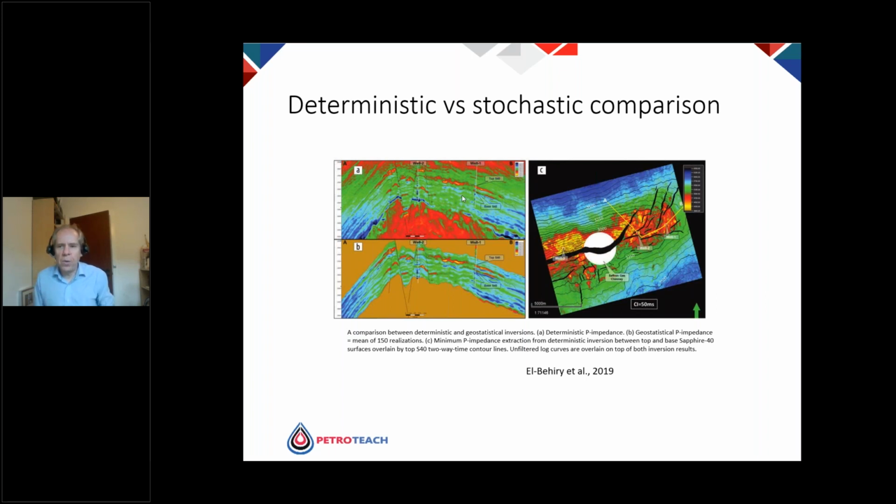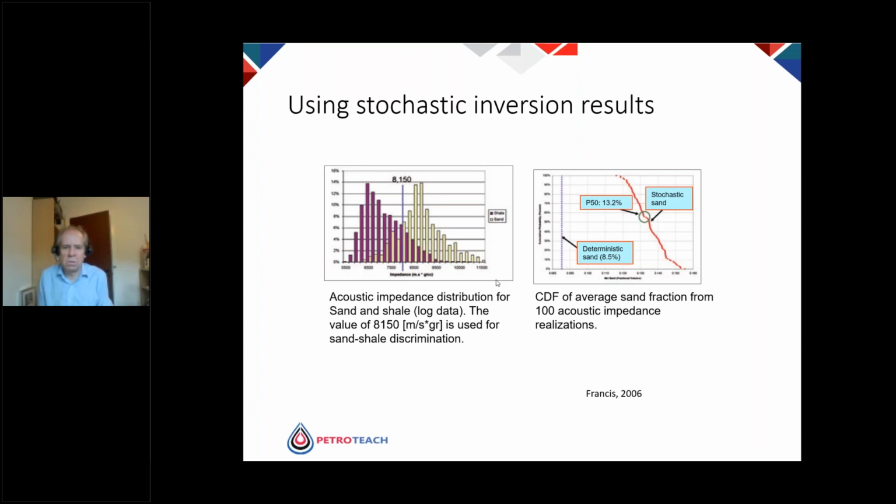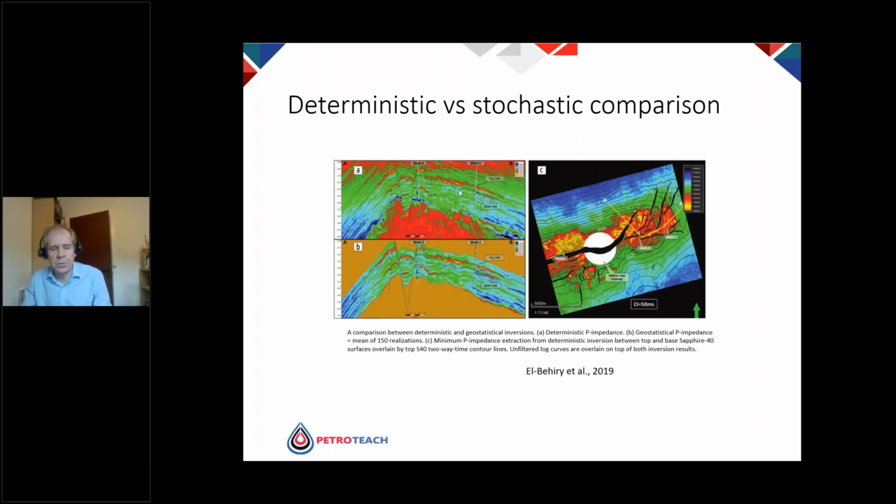But what I want to do is use these Bayesian outputs to give an idea of uncertainty. When I do my deterministic inversion, I can convert that to porosity from my rock physics model, and that gives me a value for total oil in place or something like that.